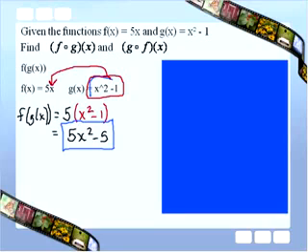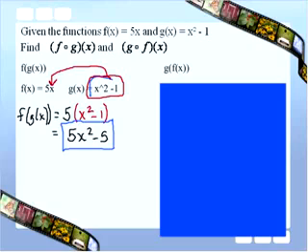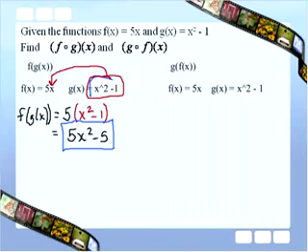So let's look at g of f of x. We're working with what's on the inside of the parentheses, which is the f of x. So I'll be taking the function 5x, and I'll be replacing the x in the function g. So I will have 5x replacing the x in this function, and the x is being squared, so when I replace the x with 5x, I'll be squaring that 5x.